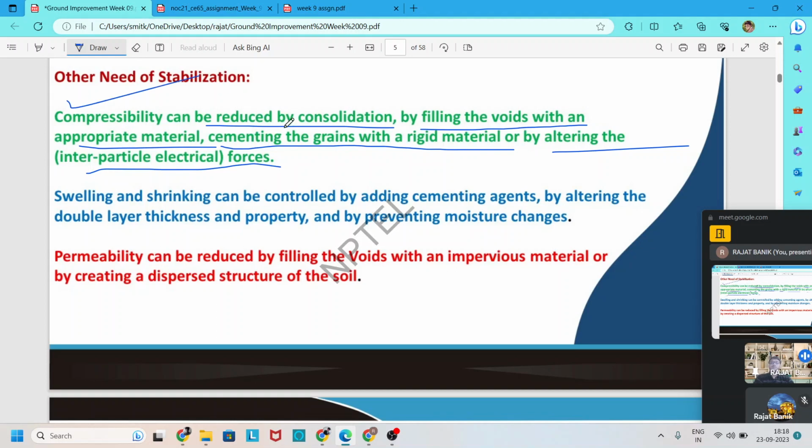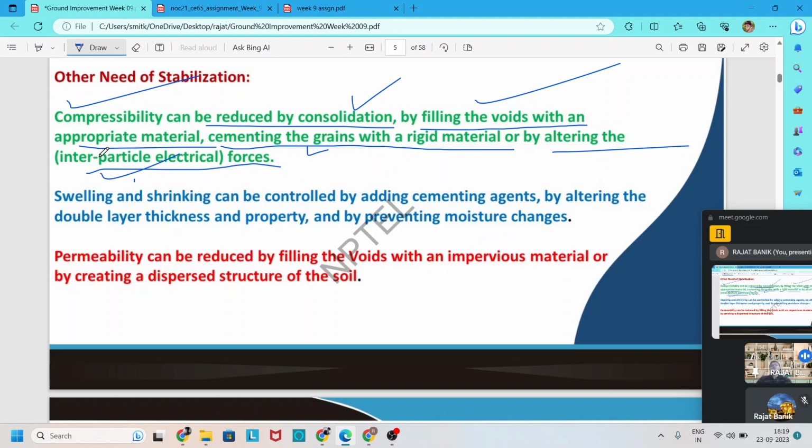So we can reduce the compressibility through soil stabilization in different ways, like consolidation, filling the void space, using cementing material to make it rigid, and altering the interparticle electrical forces. Or we can also use stabilization to reduce or control the swelling and shrinkage properties of the soil by adding some cementing agent, by altering the double layer thickness, and by preventing moisture changes.